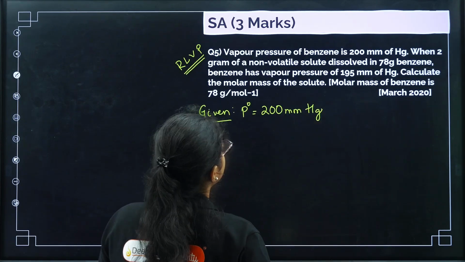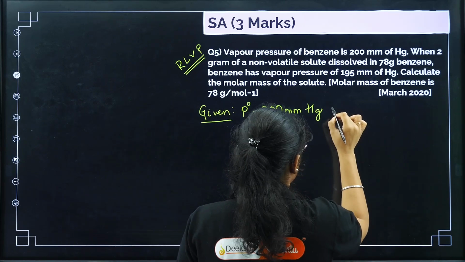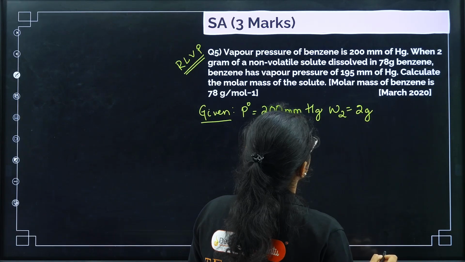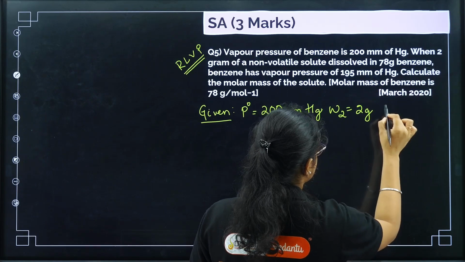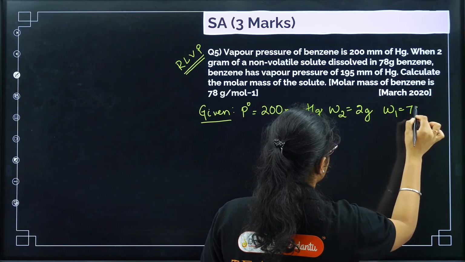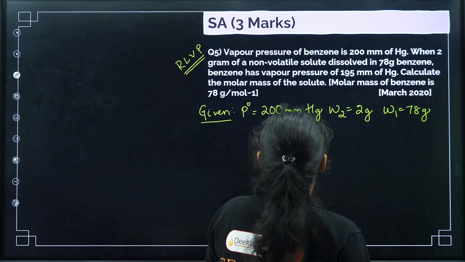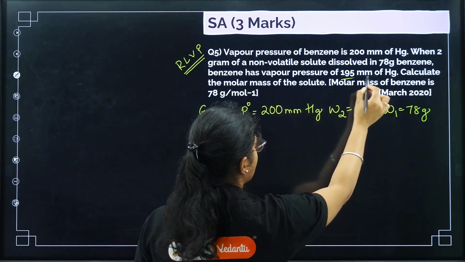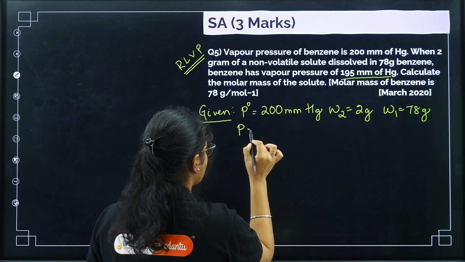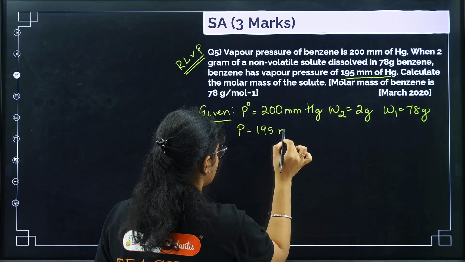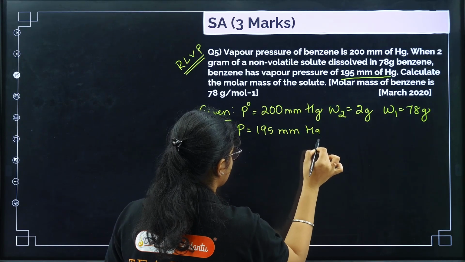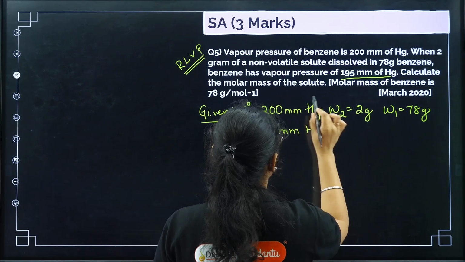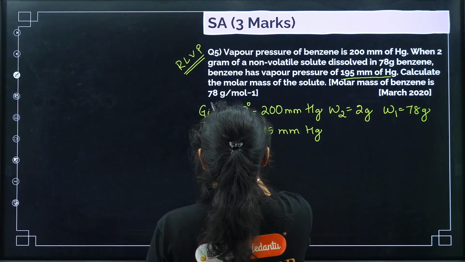Next, when 2 gram of a non-volatile solute, so W2 is 2 gram, is dissolved in 78 gram of benzene, so W1 is 78 gram. Now benzene has the vapor pressure of 195, so P is 195 mm Hg. Okay, calculate the molar mass of the solute.